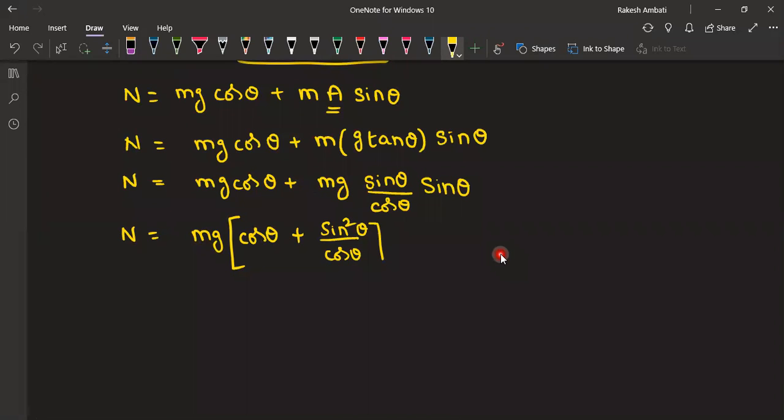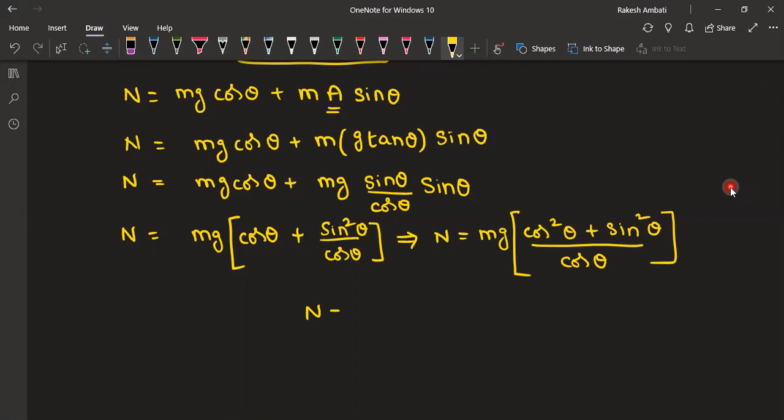That implies N equal to mg in brackets, you take the LCM. By taking LCM, cos theta into cos theta is cos square theta plus sin square theta. In the denominator, the LCM is cos theta.